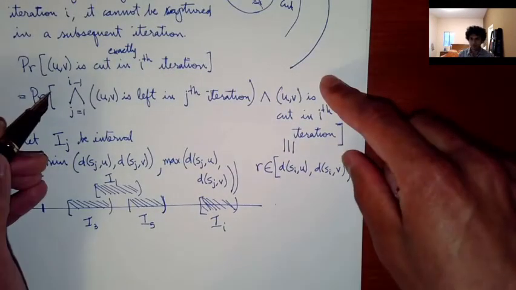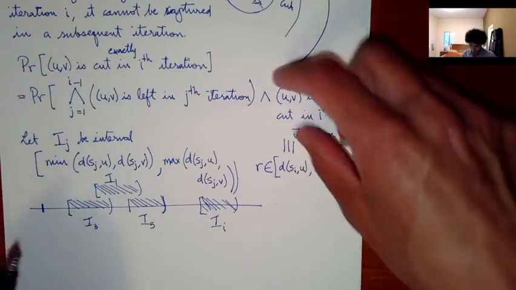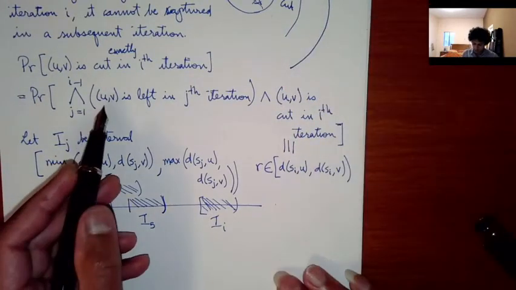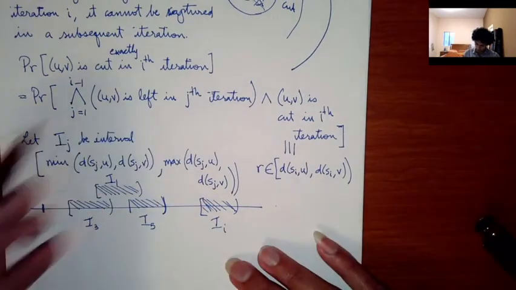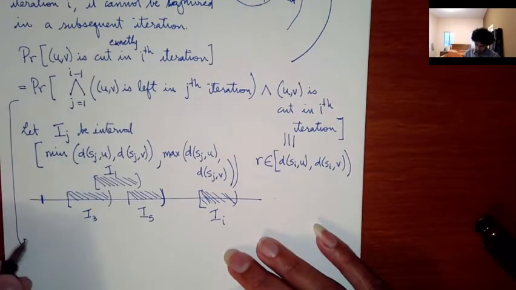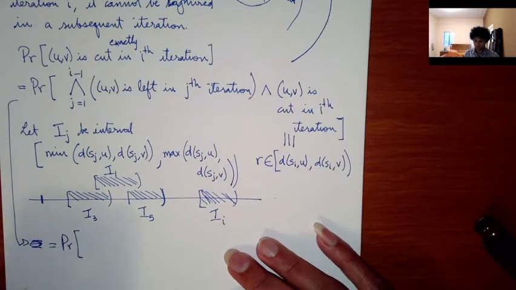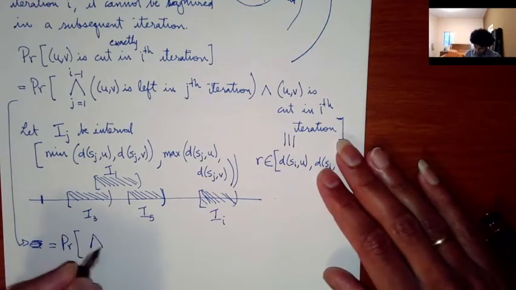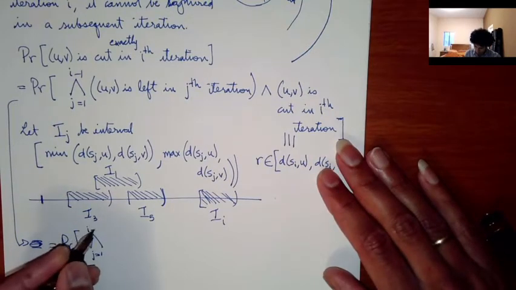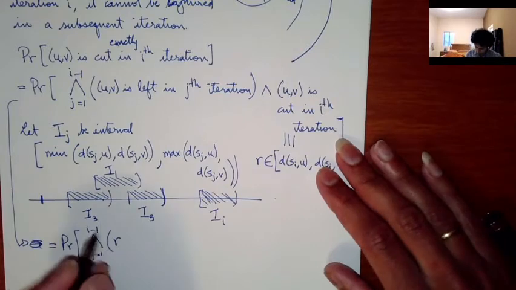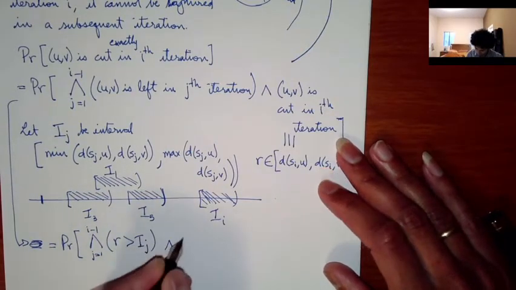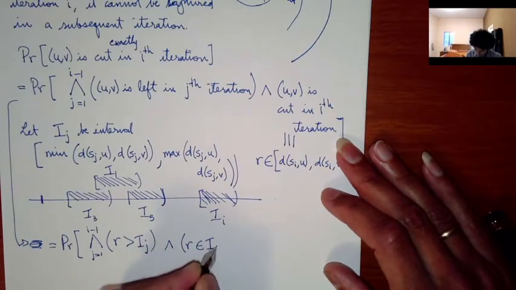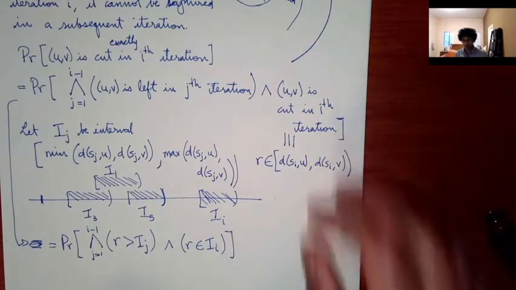For this to happen, for this event, which is UV is left in the jth iterations, so this is basically equal to the probability of all of these events that R is greater than these intervals and R lies in the ith interval.